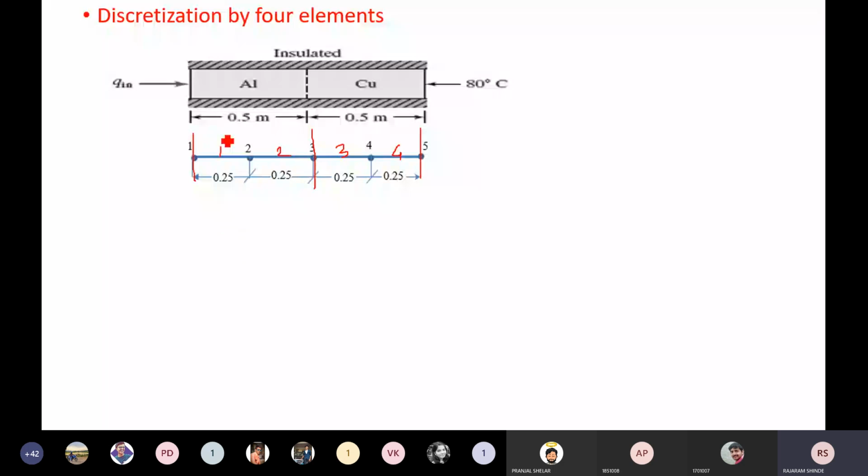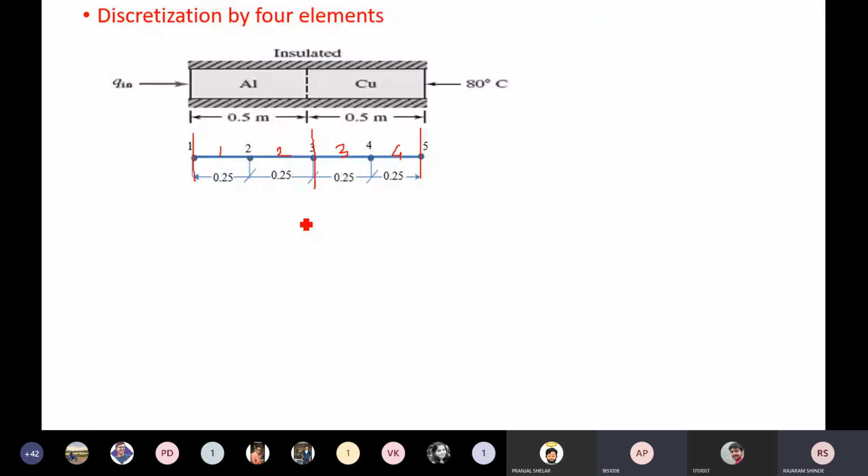Here the general practice is to use elements of the same length. Therefore this 0.5 is divided into two equal parts, that is 0.25 and 0.25. This 0.5 is also divided into two parts, 0.25 and 0.25. So the length of the first element is 0.25, the length of the second element is the same.